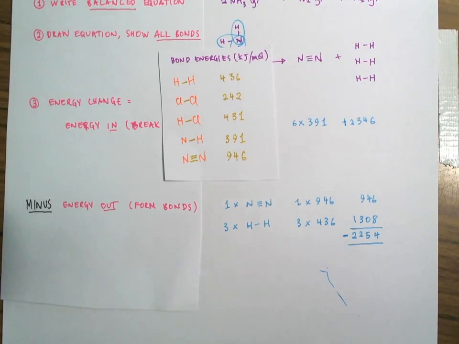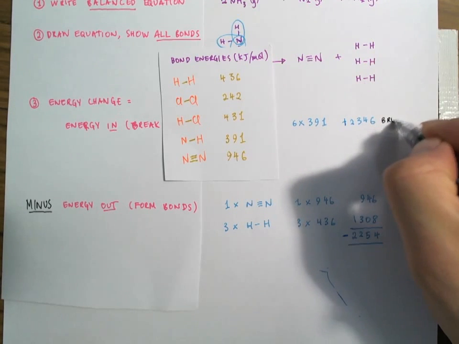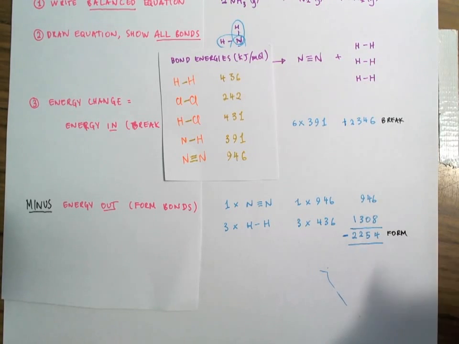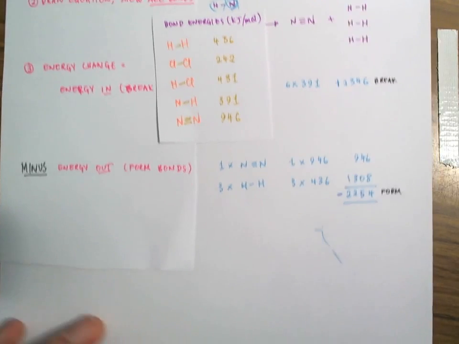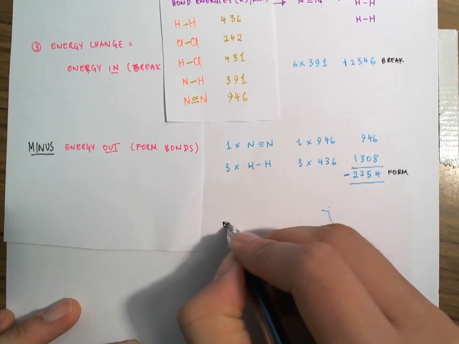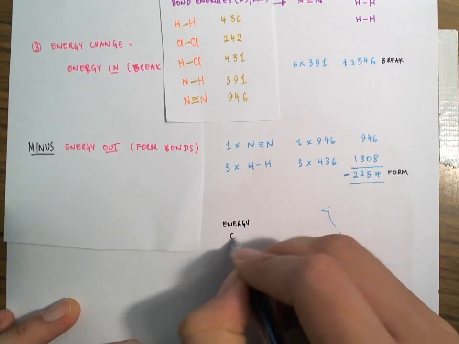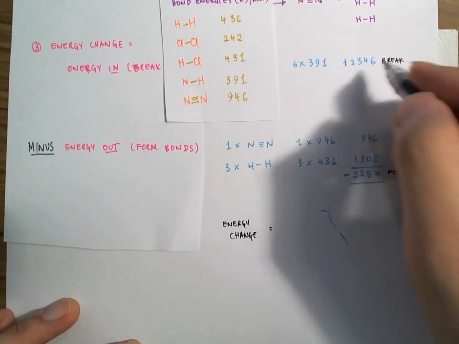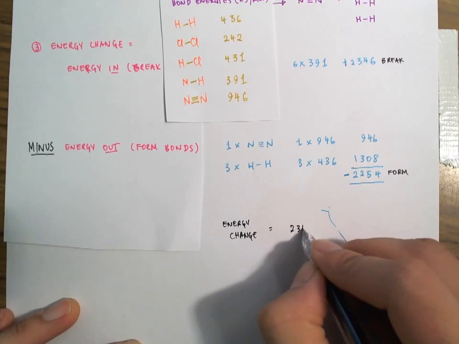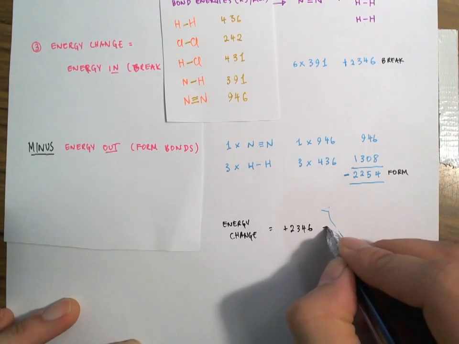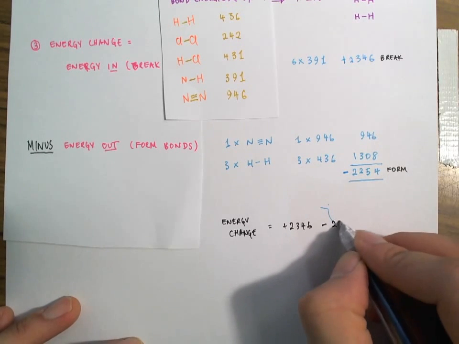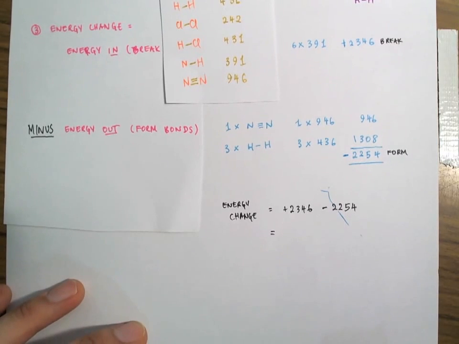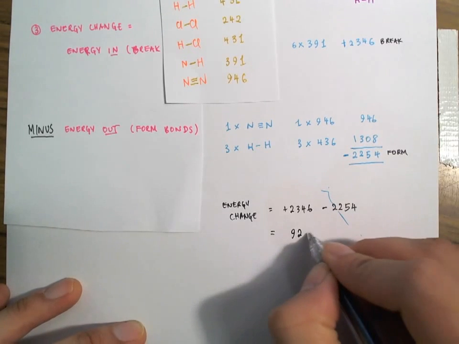So this is the energy to break the bonds in the reactants, and this is the energy to form the bonds in the products. Hence, my overall energy change will be energy to break the bonds, which is 2346, plus, and minus energies to form the bond, 2254 kilojoules, rendering 92 kilojoules.